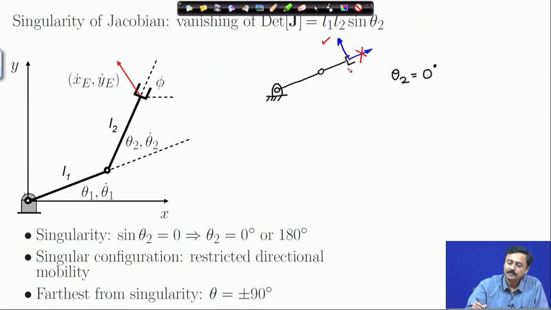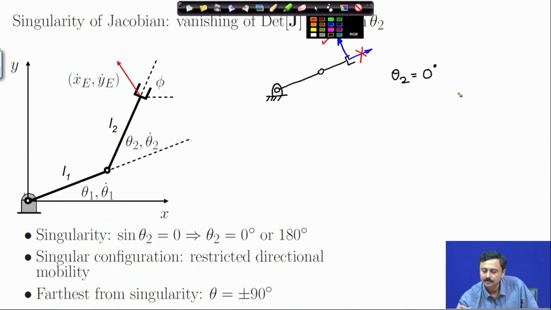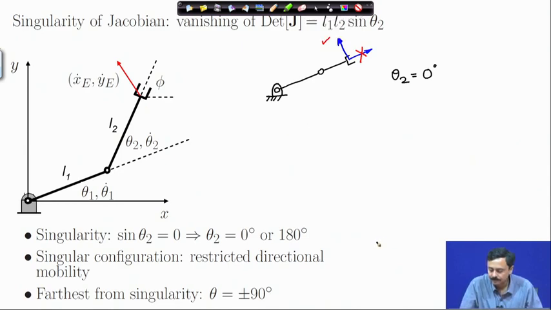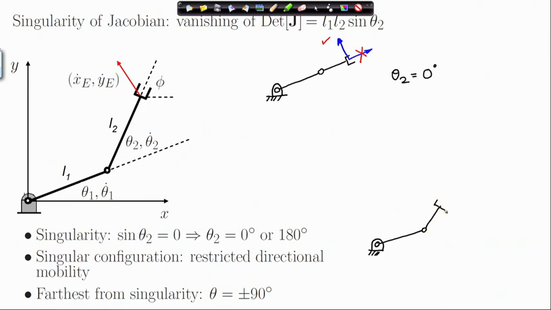Now, this is only at this particular configuration. If the configuration is somewhat different, now you can produce all velocities.